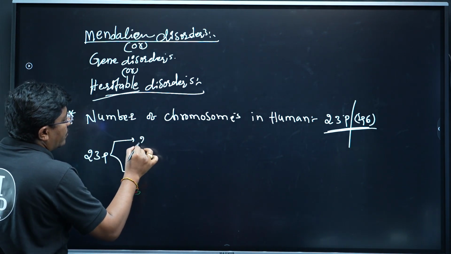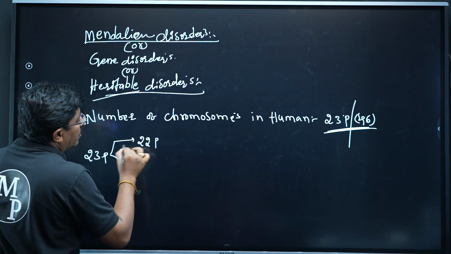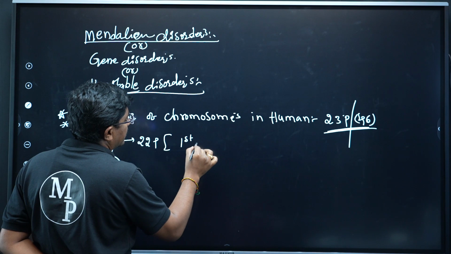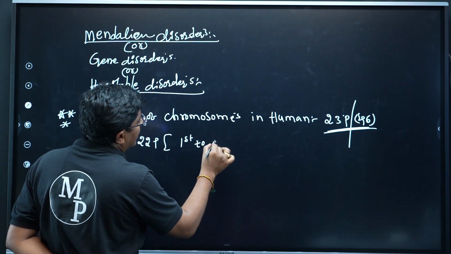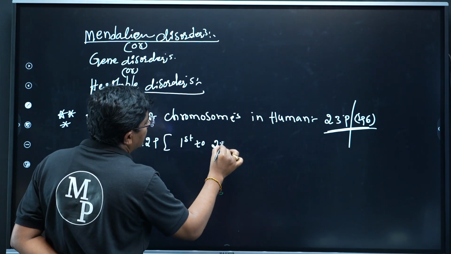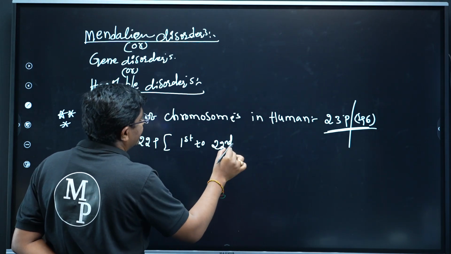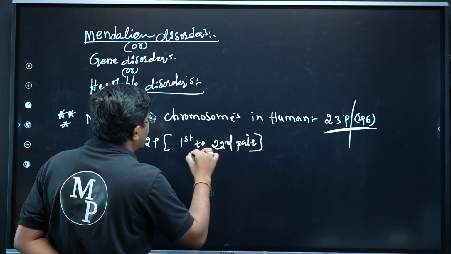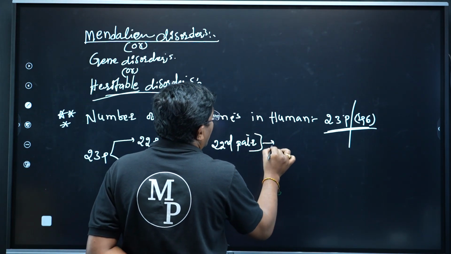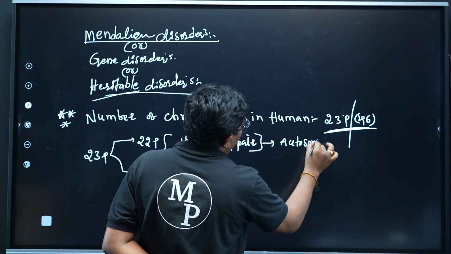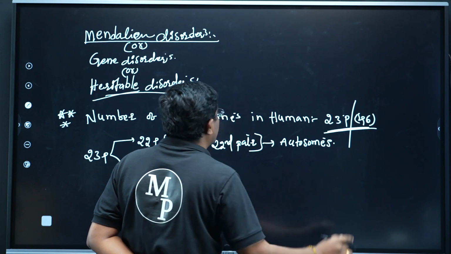The first to the 22nd pair of chromosomes are called autosomes.